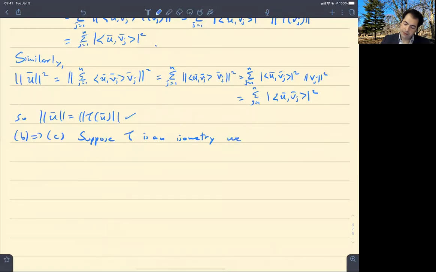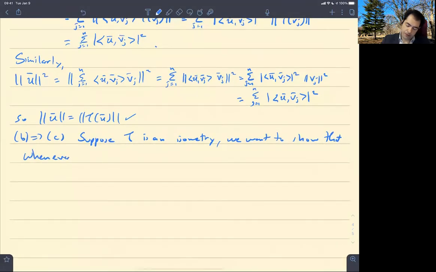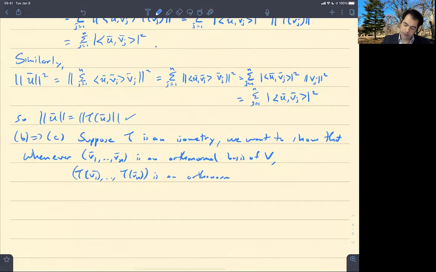We want to show that whenever v1 through vn is an orthonormal basis of V, T of v1 through T of vn is an orthonormal basis of W. Okay, so suppose we're given v1 through vn, which is an orthonormal basis of V.